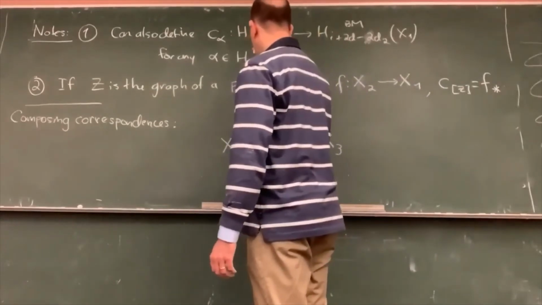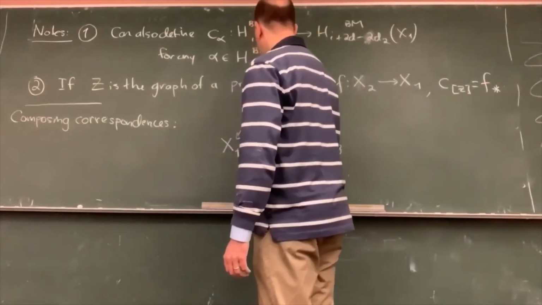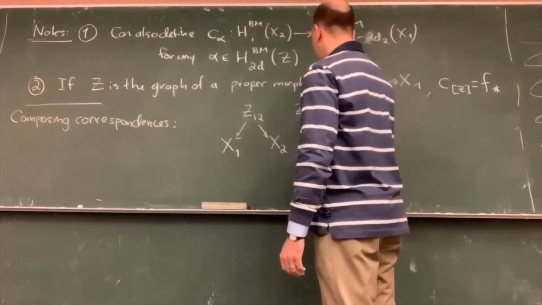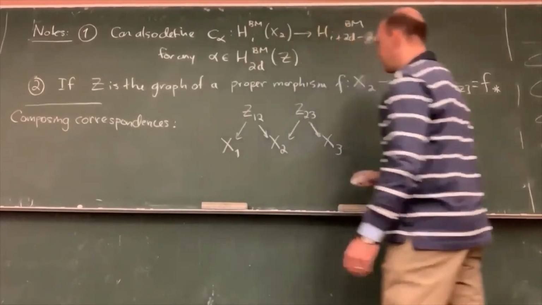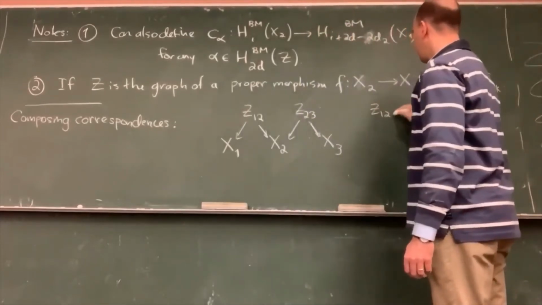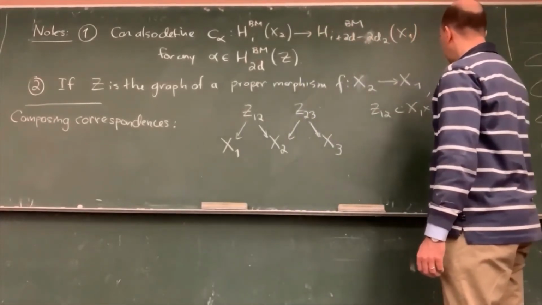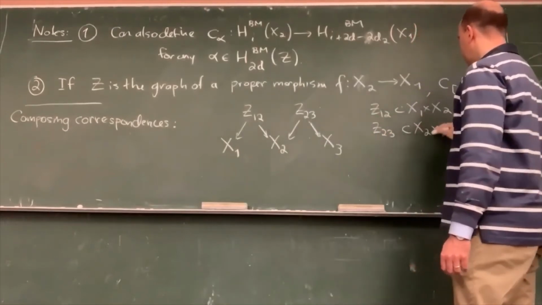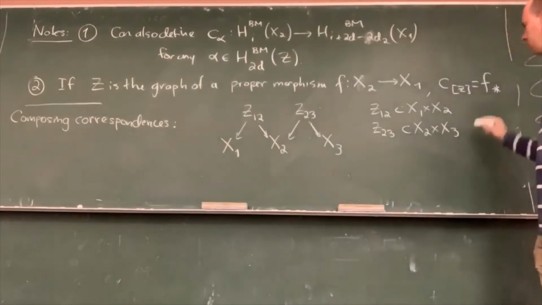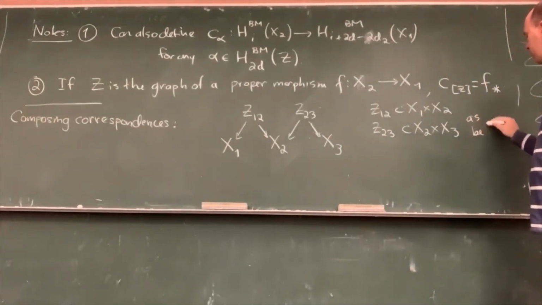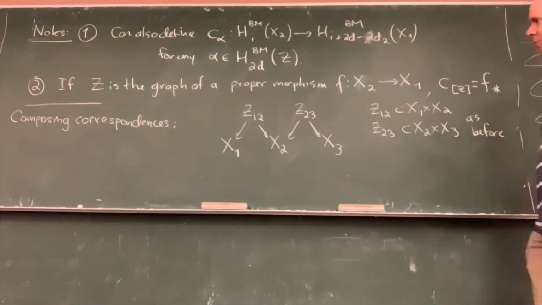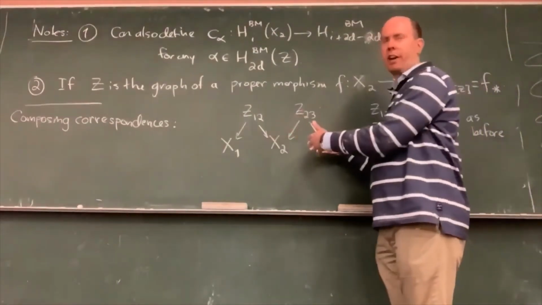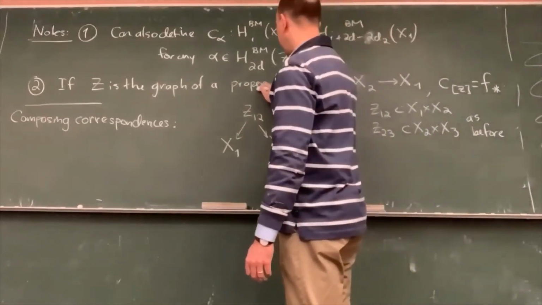So with a Z12 sitting inside the product of these that maps to both of them, and a Z23 sitting inside the product of these that maps to both of them. So Z12 is sitting inside X1 cross X2, Z23 is sitting inside X2 cross X3, and these satisfy the conditions that we had before. So in terms of spaces, the composition of these diagrams ought to be the diagram where you put the fibre product here.